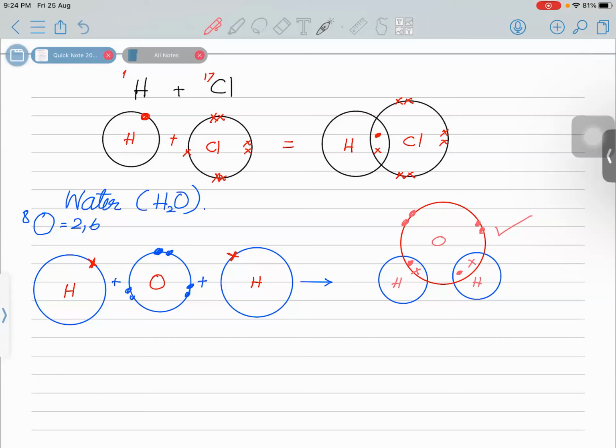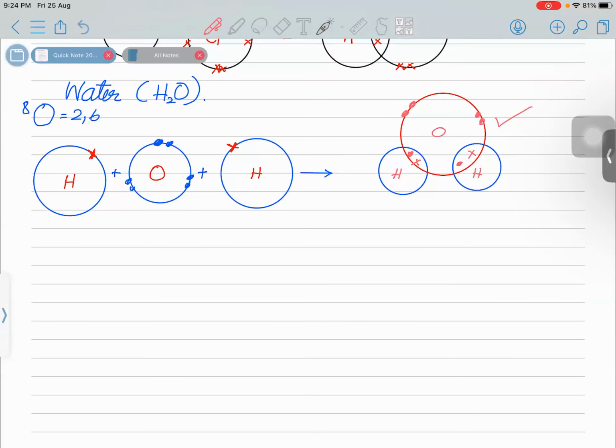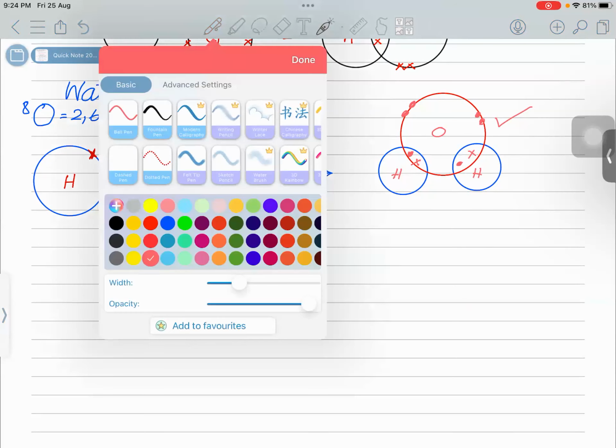For example, hydrogen has only 2 electrons in its first shell. Sir, but I'm saying, do we have to draw it as a small circle? It's up to you. Not necessary, right? They may be same, they may be different. So the next molecule after water.